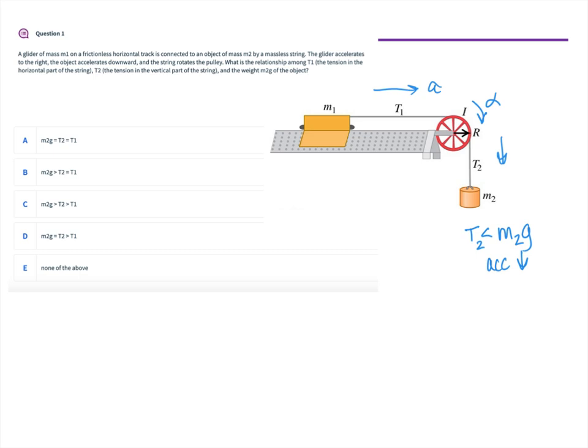And if we look at the tensions as they apply to the pulley, because the pulley rotates clockwise, we also see that T2 has to be greater than T1 because it's going to provide the dominant torque to make the clockwise rotation. So if we put that all together, T1 is the smallest. It's smaller than T2, which is smaller than m2 g. And so that would correspond to C.